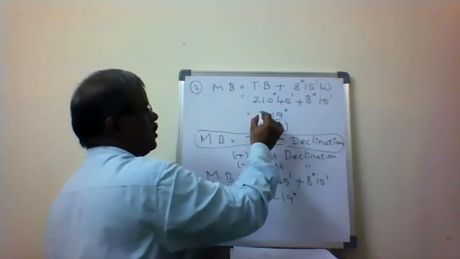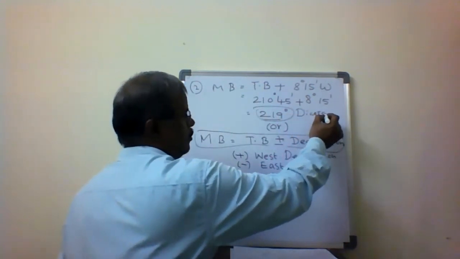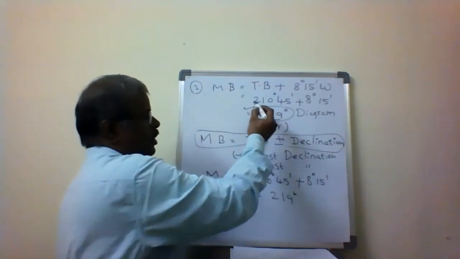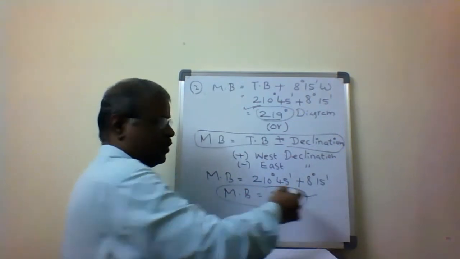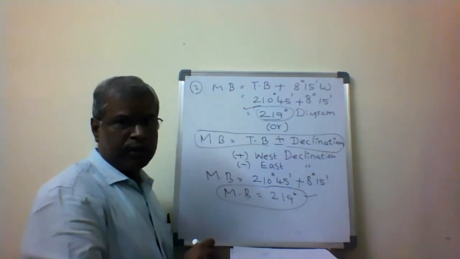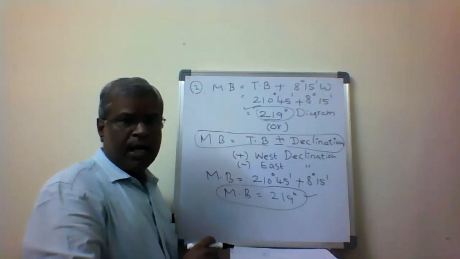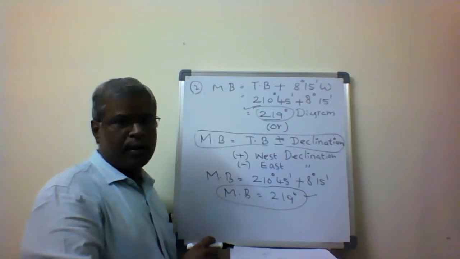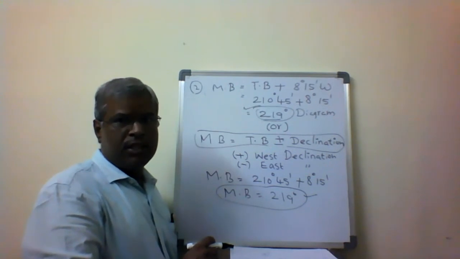This is what we calculated from the diagram. From the diagram we calculated 219 degrees, and from the formula we calculated the same magnetic bearing, one and the same. So the only thing is we have to draw the diagram correctly, identifying magnetic north, true bearing, and magnetic bearing, and showing whether the declination is east or west.